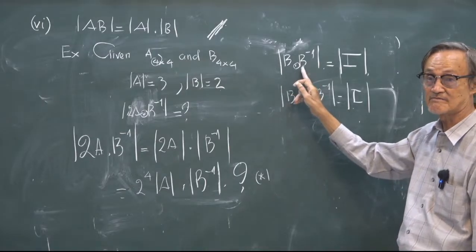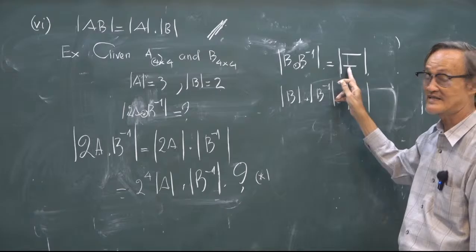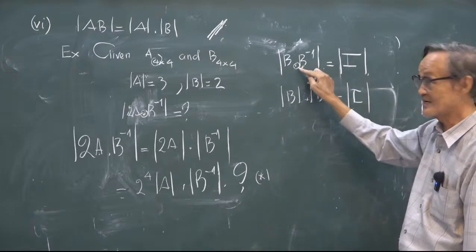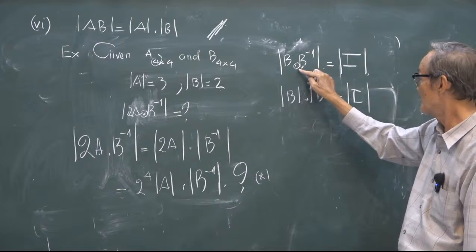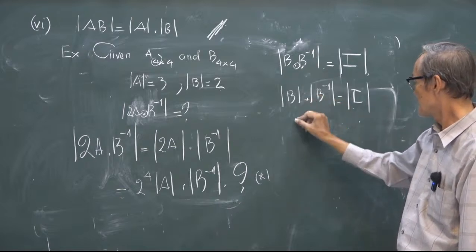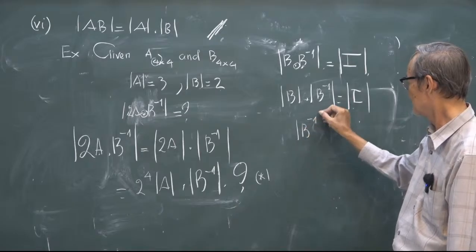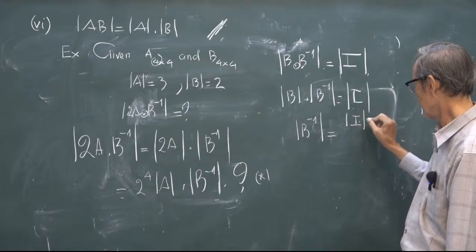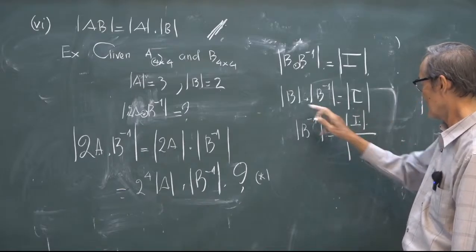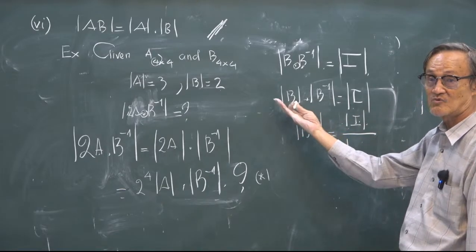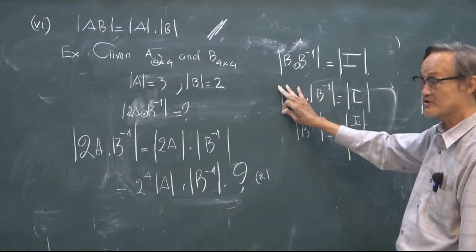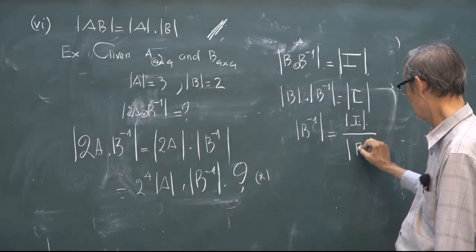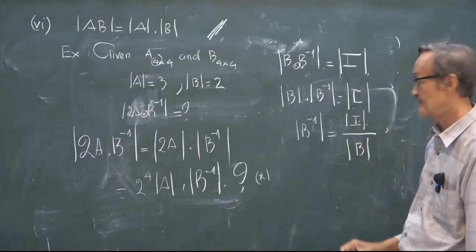Definition: B inverse of B equals I. Take the determinant and separate this symbol here. So the determinant of B times B inverse equals the determinant of I. This is a number we can move, so multiplying becomes division.